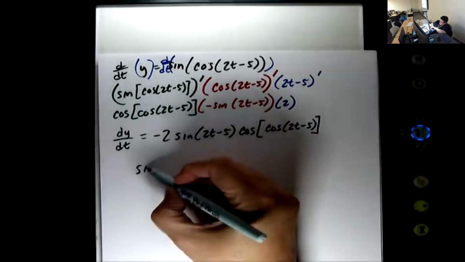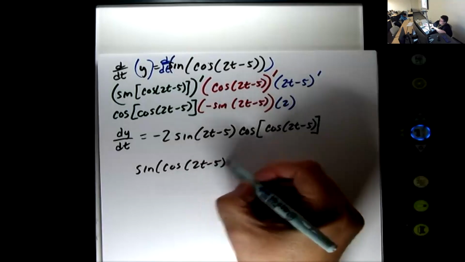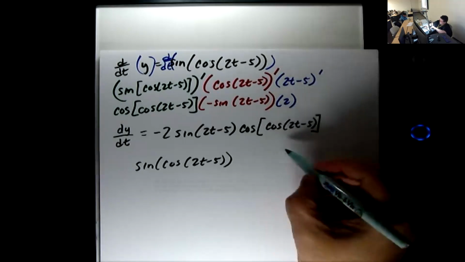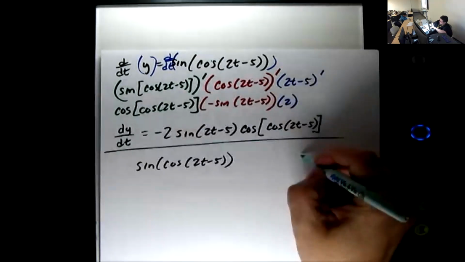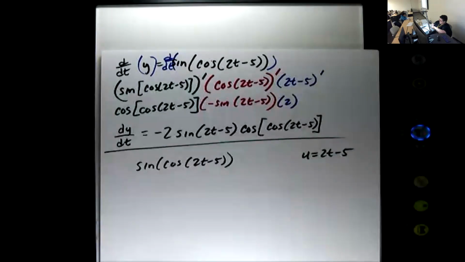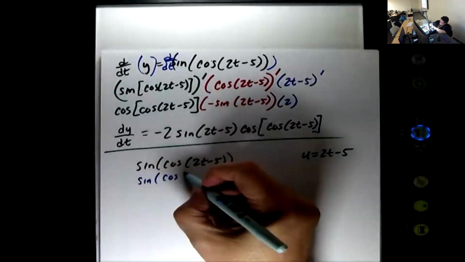I'm going to go back up here and show this using substitution. I'm going to say u equals 2t minus 5. So this becomes sine of cosine of u.